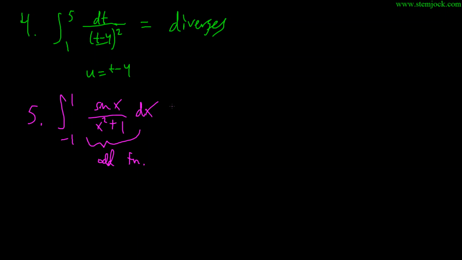So straight away we can say that this is equal to 0, because this is a very specific situation where we have the integral of an odd function over a symmetric interval from -1 to +1, or it could be -3 to +3. As long as that interval is symmetric and the integrand is odd, it's equal to 0. So if the integrand looks like something that you can't really do, look to see if this situation applies.